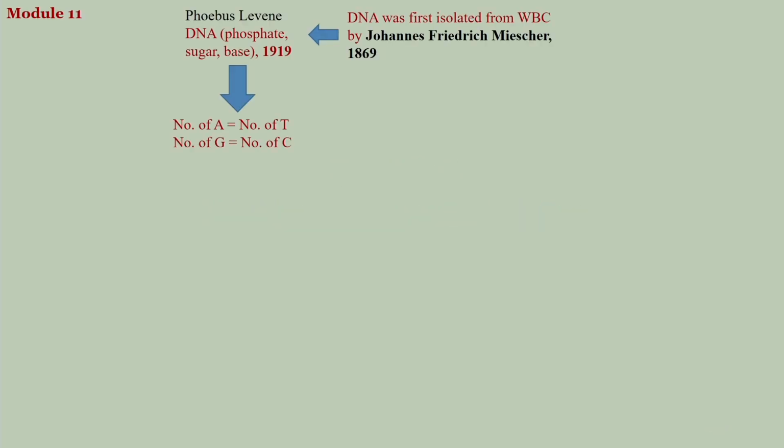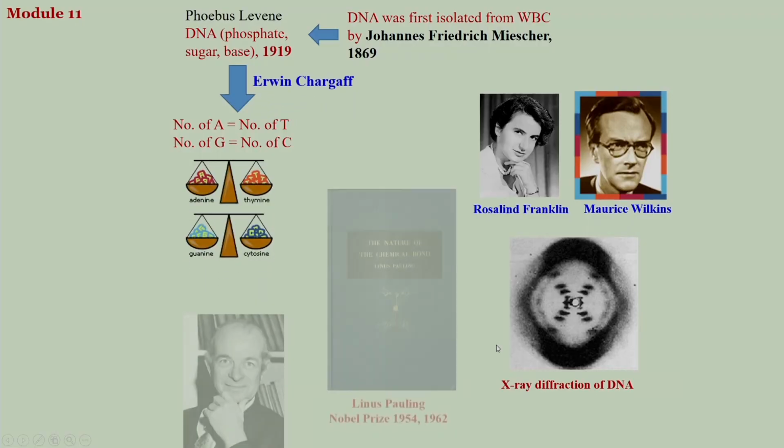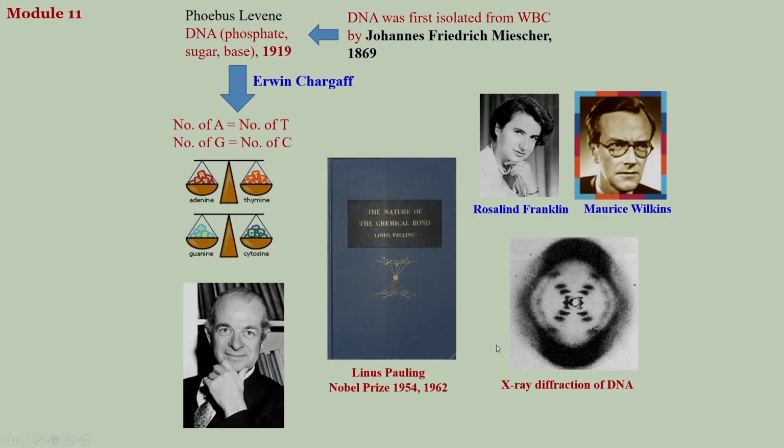In this module we actually saw how the double helix structure of DNA was discovered or evolved, taking all the right kind of information that was available at that time.